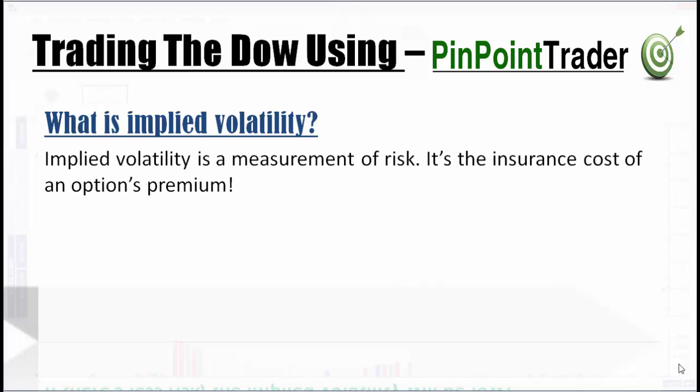Well, implied volatility is a measurement of risk. It's the insurance cost of an options premium. Put very simply, it's the same as any insurance, whether it's car, health, house, whatever. Whatever risk there may be, then the premium becomes loaded.